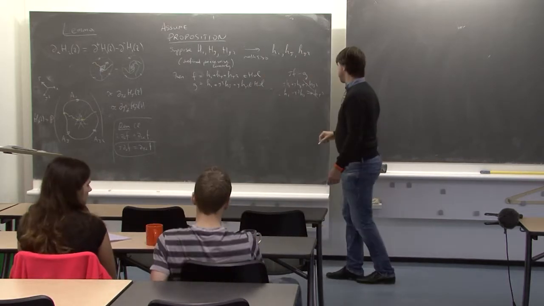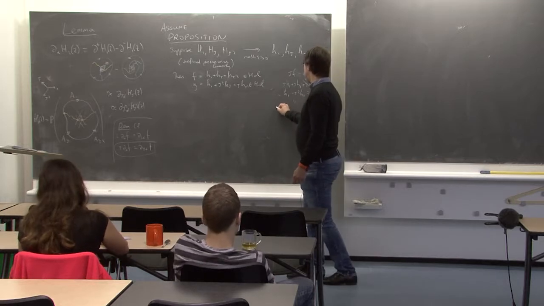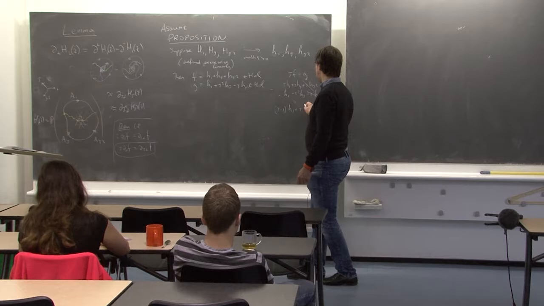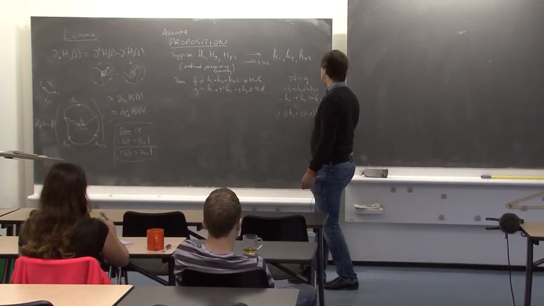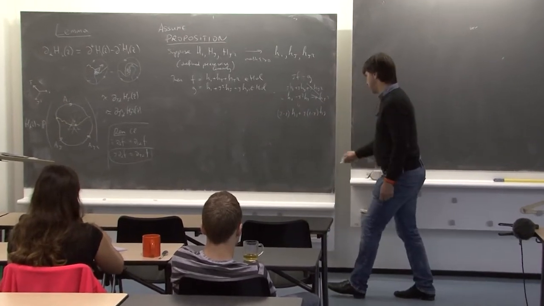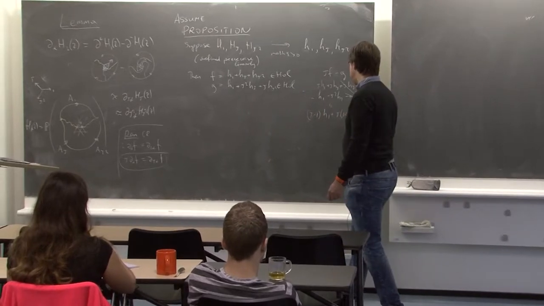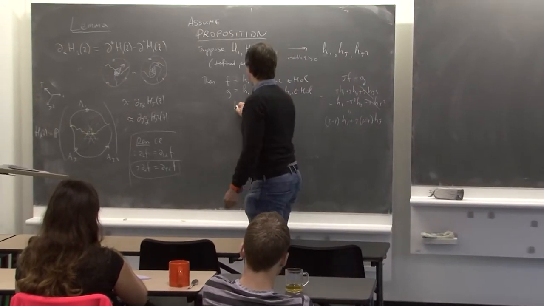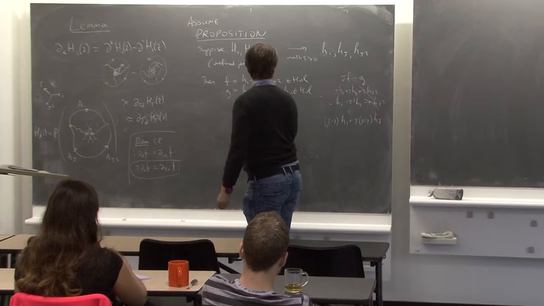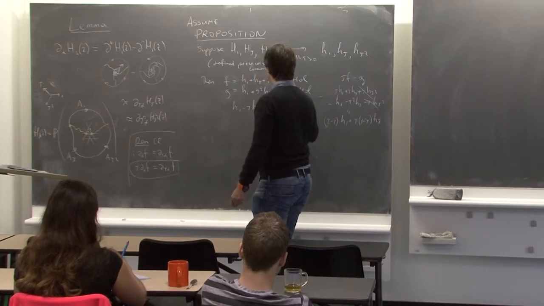So this cancels out, and you get tau minus 1 h1 plus tau times 1 minus tau h tau. Well, we can cancel out this one, so we get also things like h1 minus tau h tau is also holomorphic.